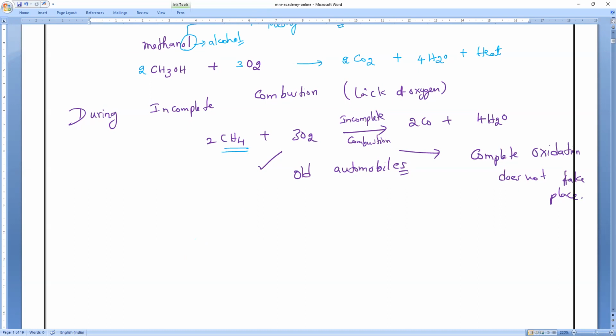Now, not only hydrocarbons, if you take pure carbon also, like coal. Coal is the purest form of carbon. What is the symbol of carbon, everybody?